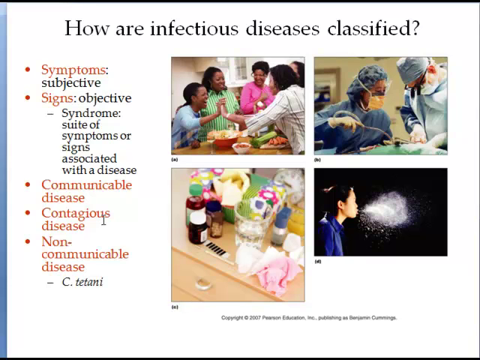That is, the disease is easily spread from one person to another. On the other hand, a non-communicable disease is one that is not spread from one host to another. These diseases are caused by microorganisms that normally inhabit the body and occasionally produce disease. For example, Clostridium tetani produces disease only when it is introduced into the body via abrasions, wounds, or cuts.